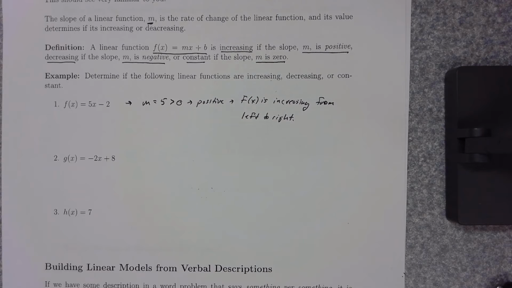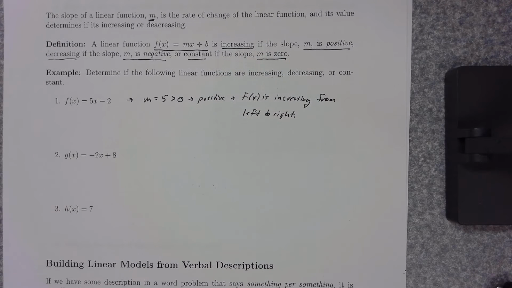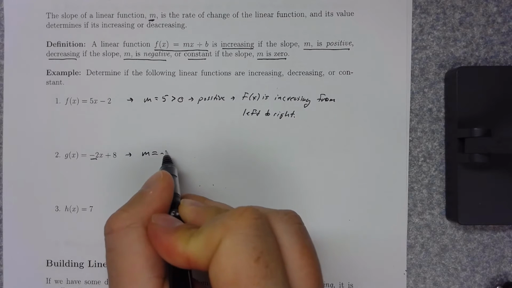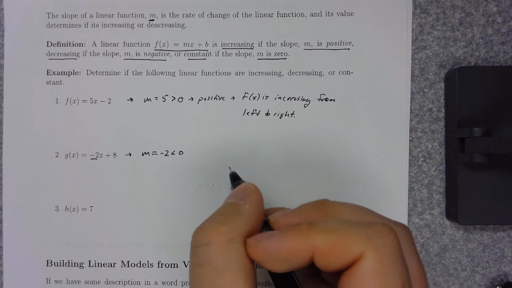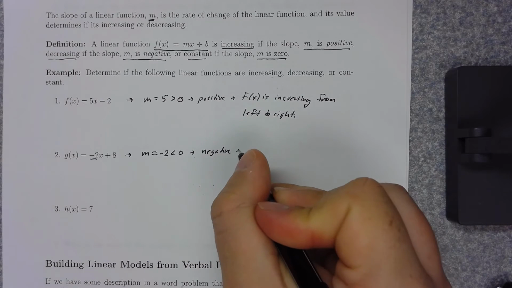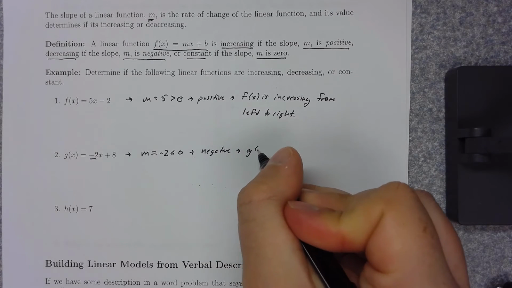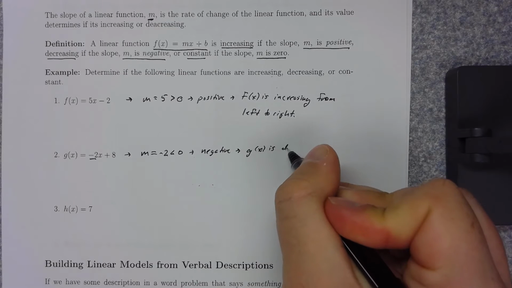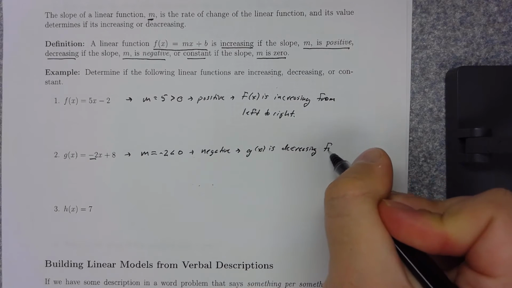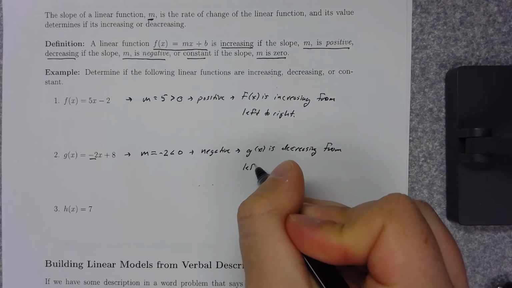No problem there. My slope here is -2, which is definitely negative, which means g of x is decreasing from left to right.